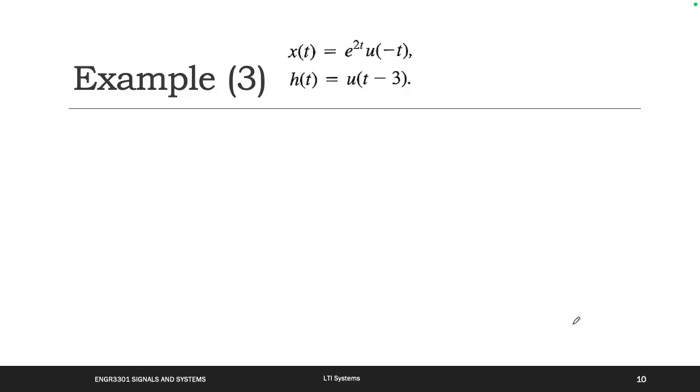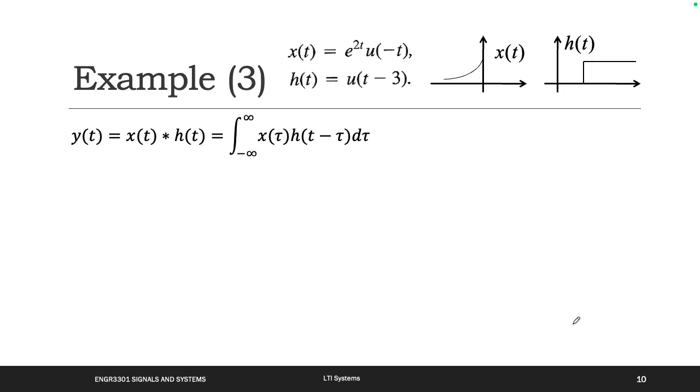For this one, I gave you the input signal and also the impulse response. This is the input signal, and this is the impulse response. Okay, what's y(t)? The first thing that pops up in your mind is the convolution, am I right? So you use this equation, and then put x(t) here and h(t) here.